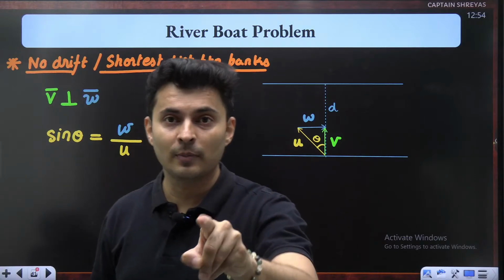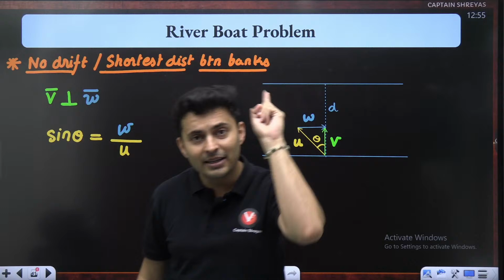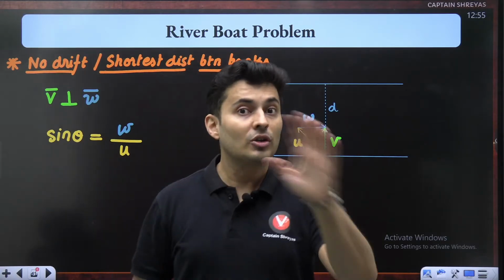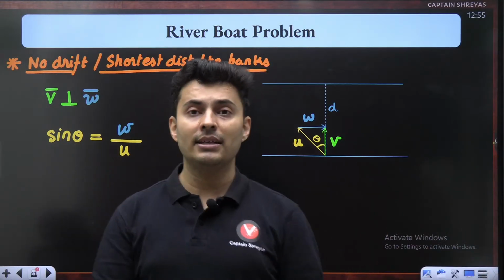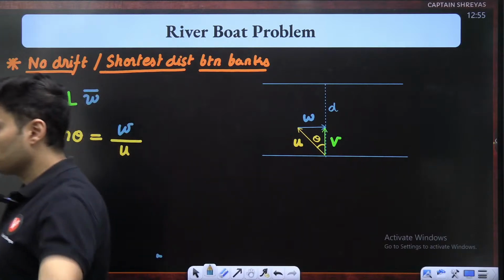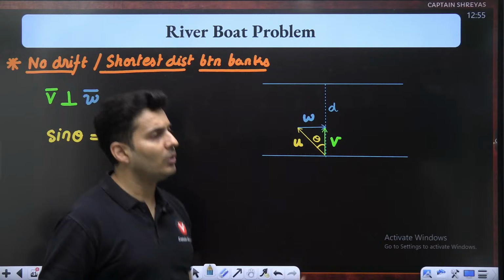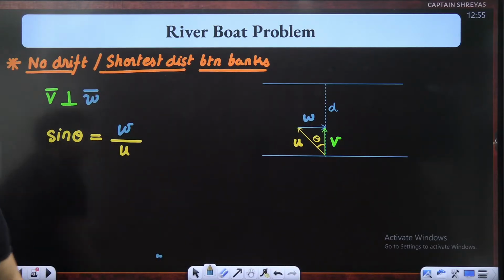Here it looks simple, all colored diagrams. In the notes also you will write it down properly. But when it comes to applying that in the exam, that's where the challenge is. So it's never about making beautiful notes. It's about how well you are able to apply it in the exam. So remember that. Just keep in mind, the resultant velocity should be perpendicular. Only then I will be able to cross in the shortest distance, not otherwise.